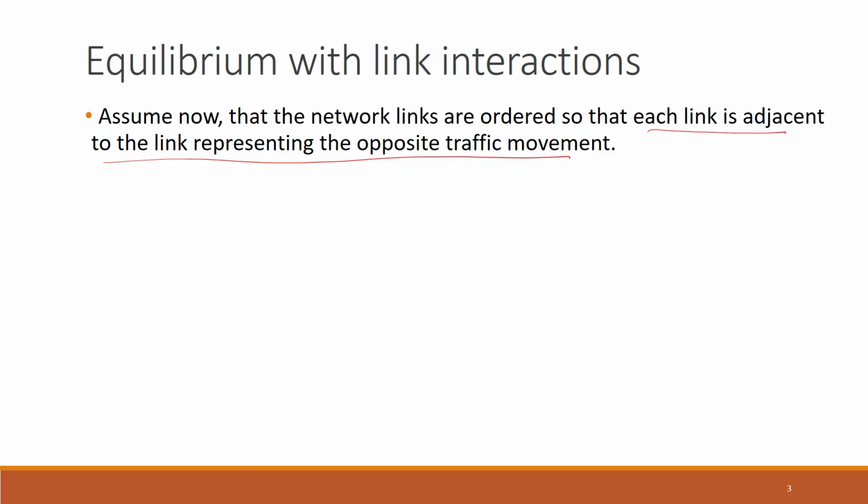Okay, for example, suppose there are 4 links here, 1, 2, 3 and 4, and suppose 1 and 2 are opposite to each other, and links 3 and 4 are opposite to each other. So, we will put links 1 and 2 together, and then we will put links 3 and 4 together. I mean, the ordering will be such that first link will be this, then this, then this, then this.